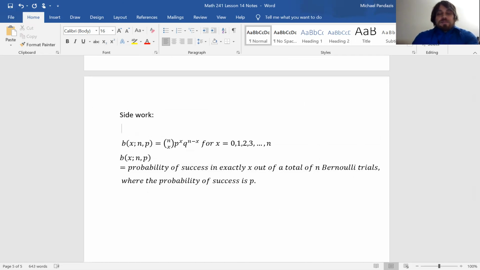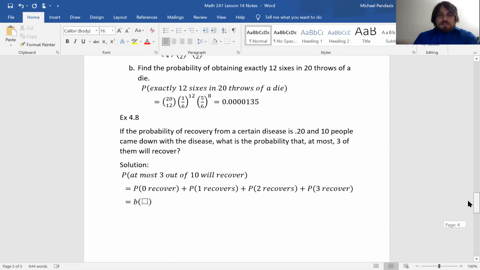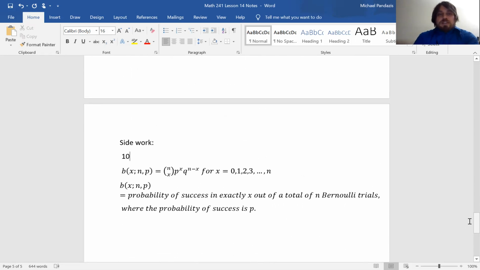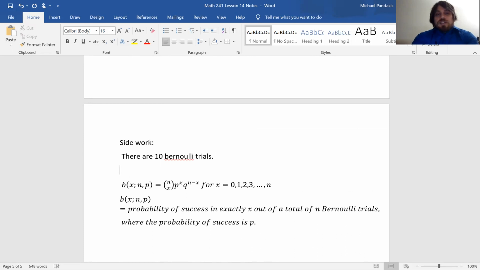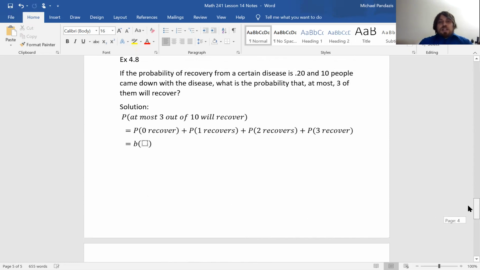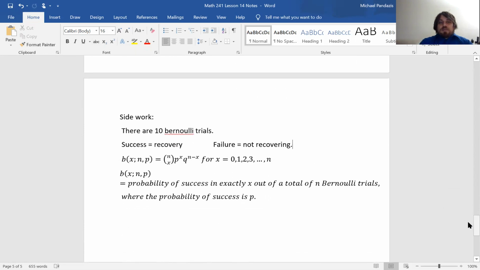So 10 people came down with the disease, so there are 10 Bernoulli trials. Success is recovery. Failure is not recovering. So each person who gets sick, considering whether they recover or don't recover, is a Bernoulli trial. Success is recovery, failure is not recovery.